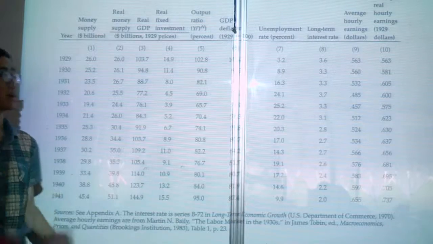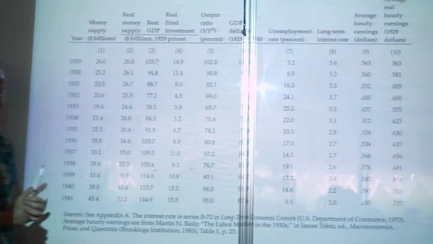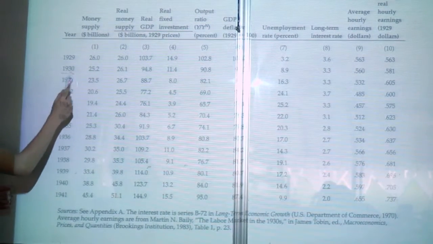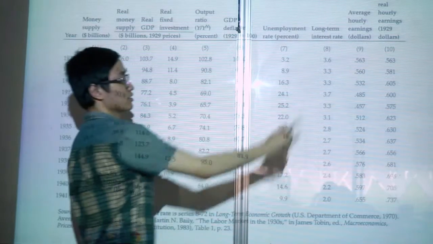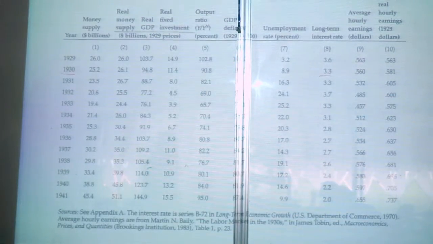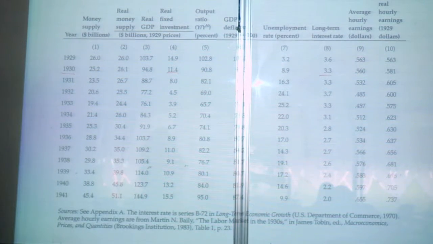About the IS curve slope, we take a look at the relationship between the interest rate and the investment. Here in 1930, the interest rate is 3.3 and the investment is 11.4.